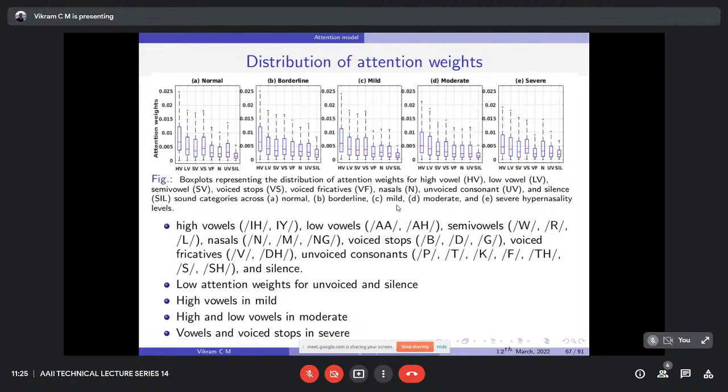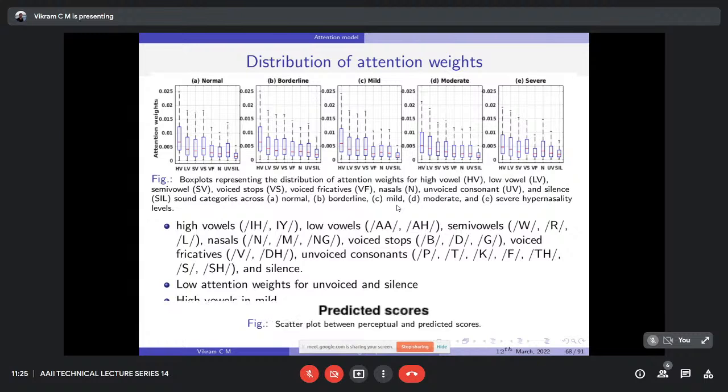In very mild cases only high vowels are significant for detecting hypernasality, whereas all different voiced consonants are responsible in case of severe hypernasality. And the unvoiced consonants do not contribute any information for hypernasality detection.